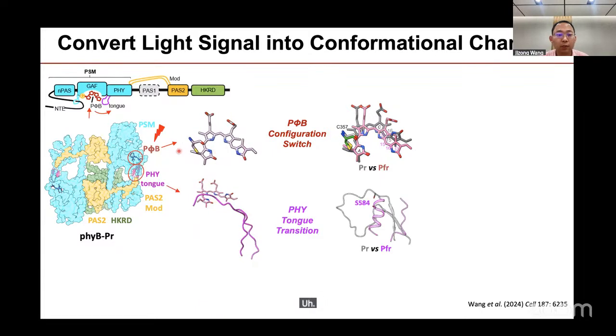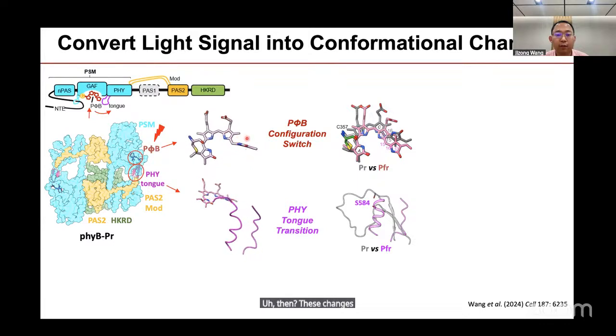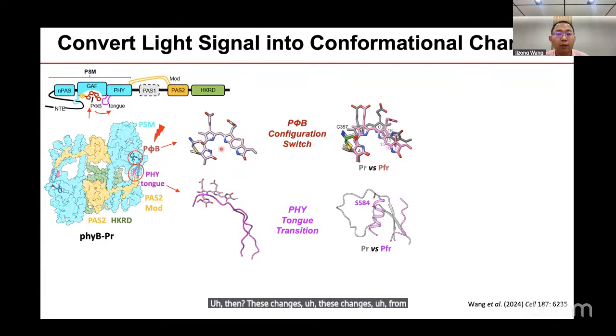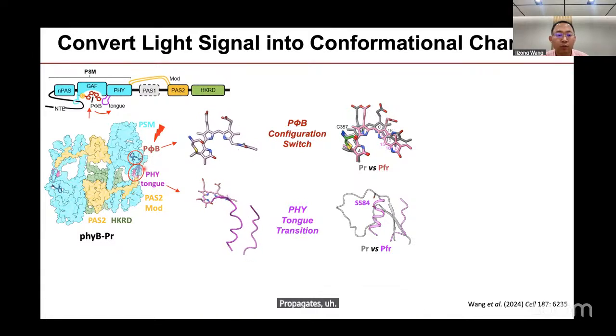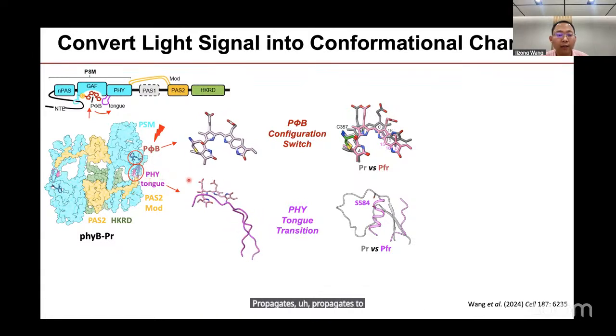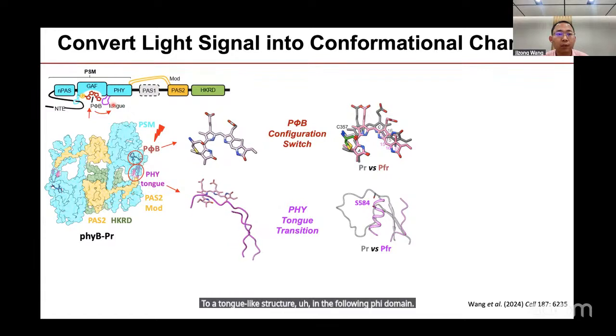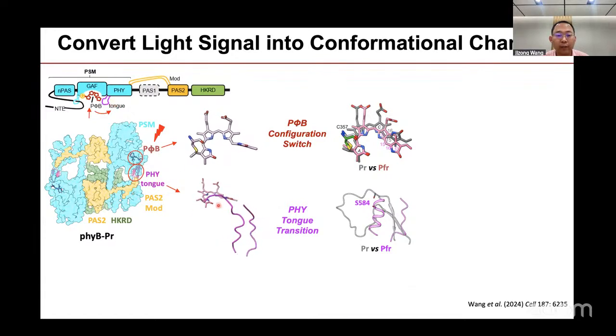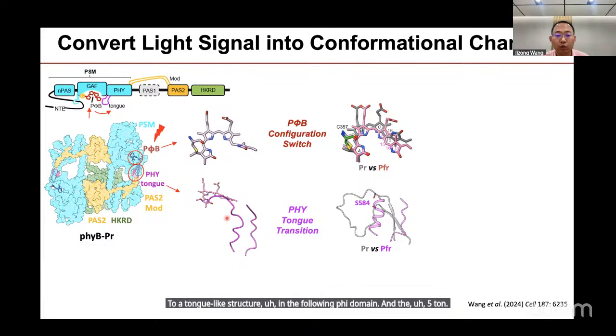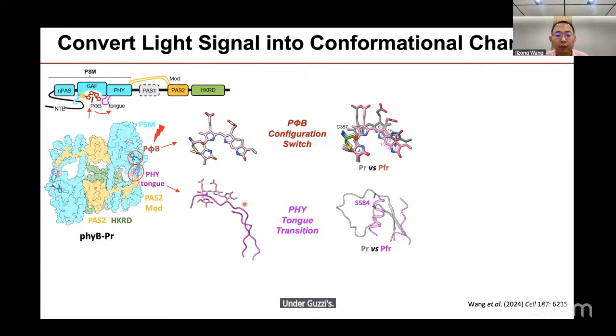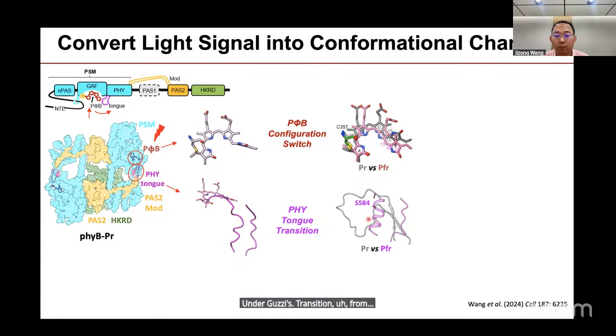Then these changes from PΦB propagate to a tongue-like structure in the following PHY domain, and the PHY tongue undergoes transition from beta sheet to alpha helix.